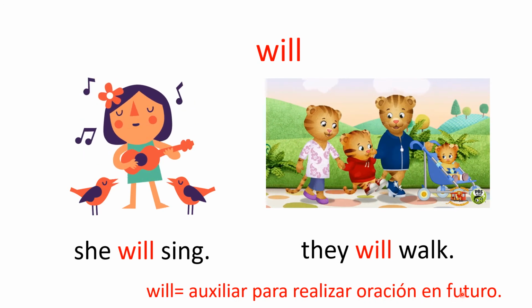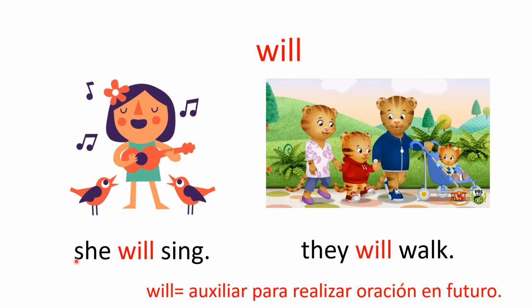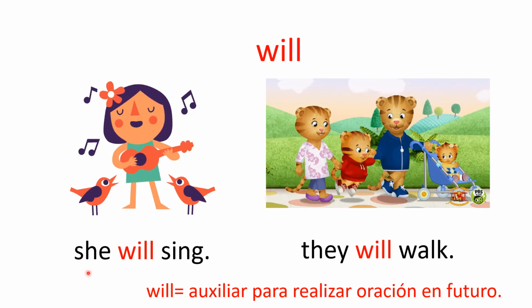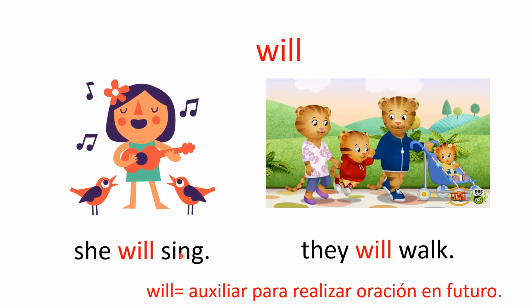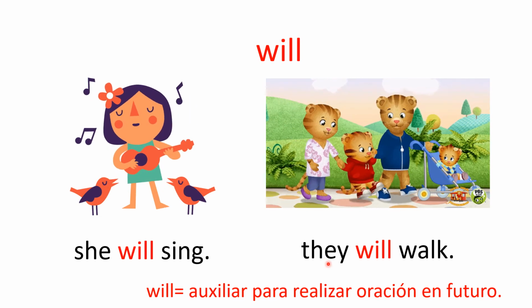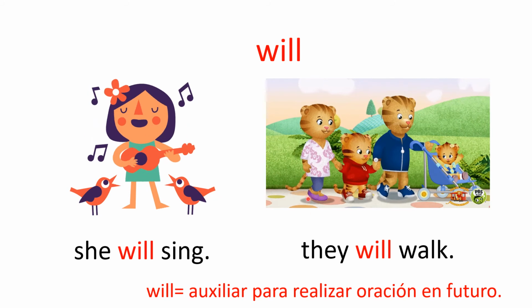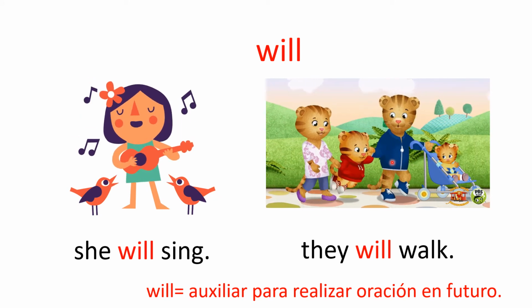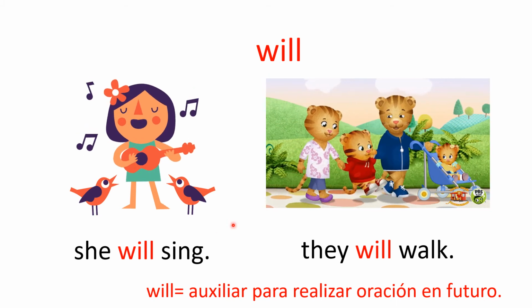In this case, it's she. This is the pronoun. She will sing. Look at this case. The pronoun here is they. They will walk. Do you see? They are walking. She is walking. He is walking. And he is playing. Let's continue.